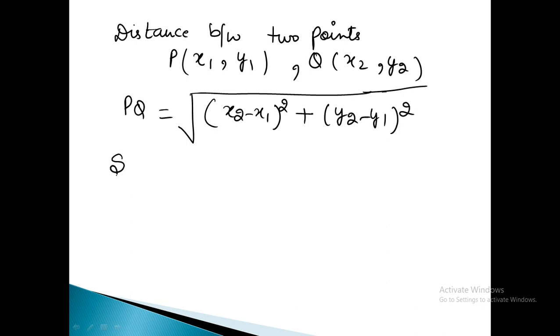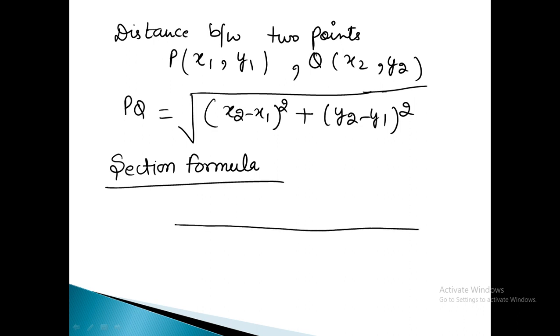Now the next formula is the section formula. For example, we have given this line and this point divides the line into 2 parts, represented by the ratio M1 is to M2.